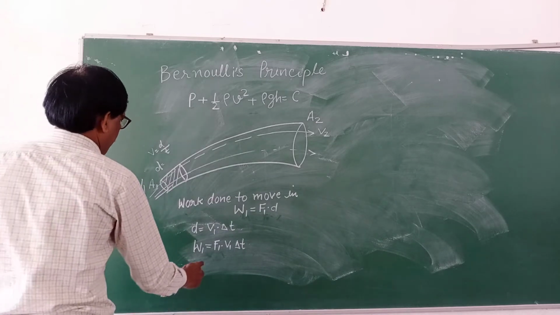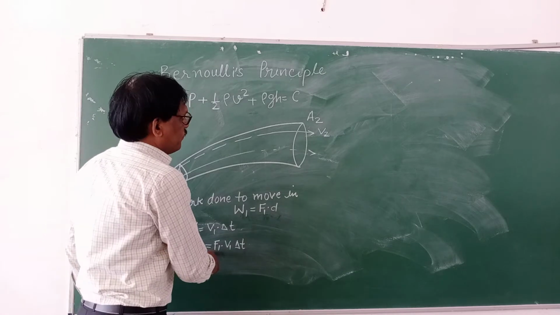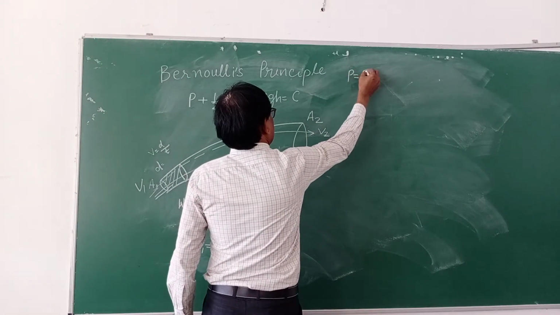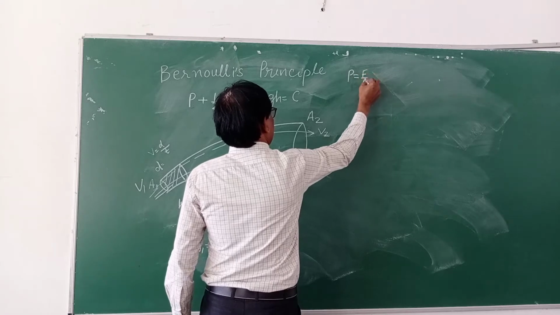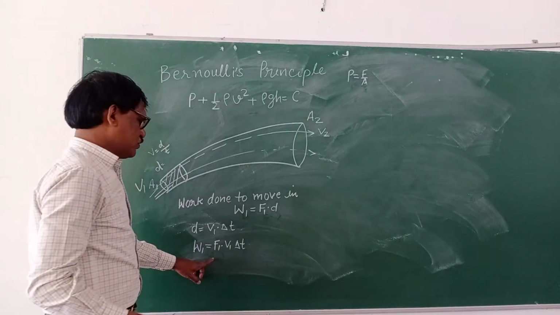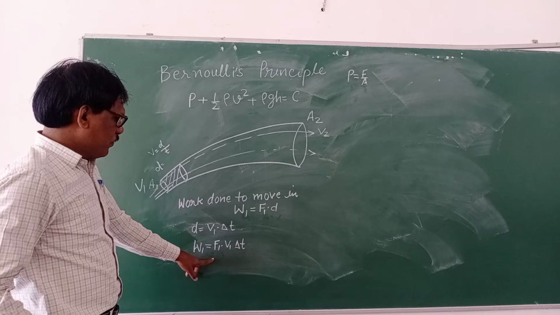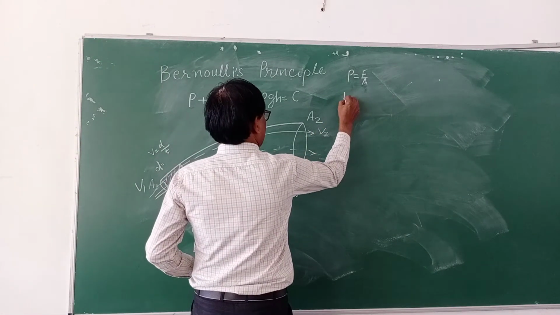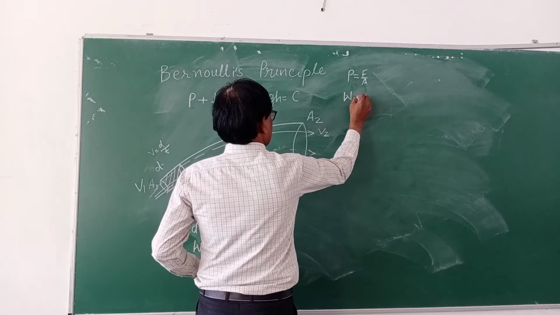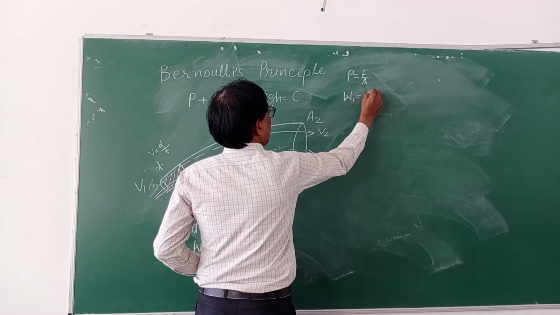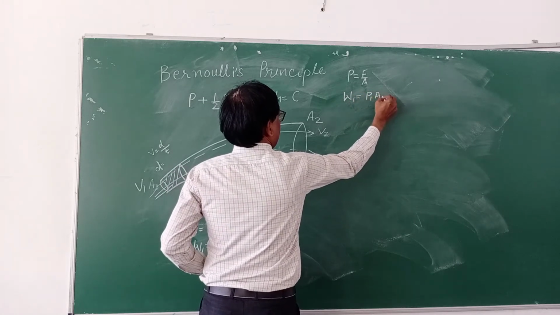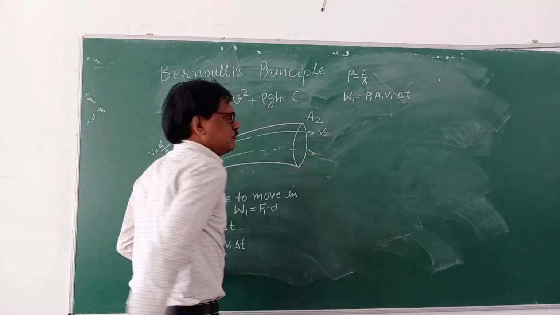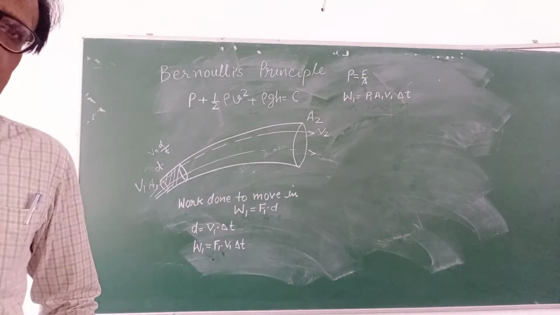But that F1 we can also write. What can we write for F1? We can use the definition of pressure, which is force upon area. So this force F1 will be replaced with P into A. So W1 is equal to P1 A1 V1 into delta t.